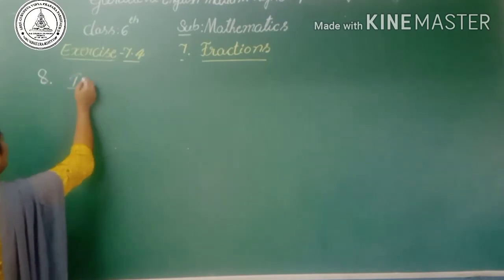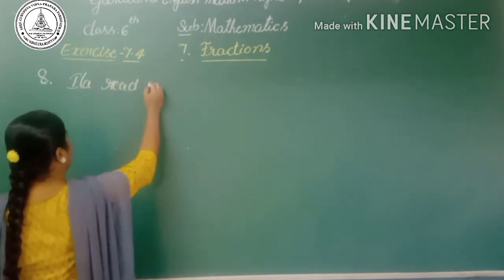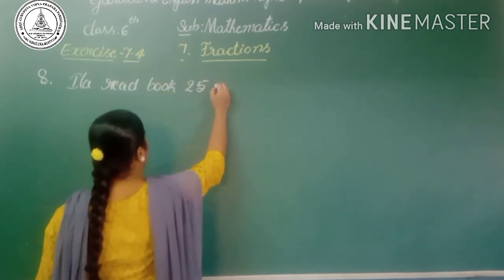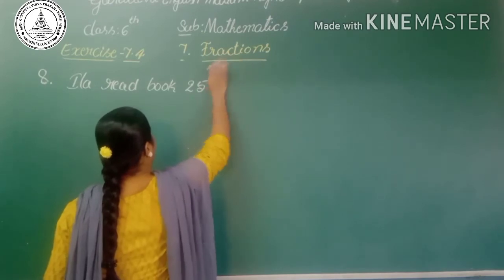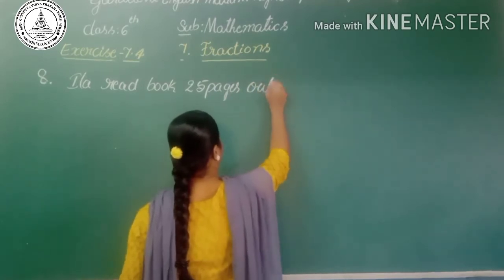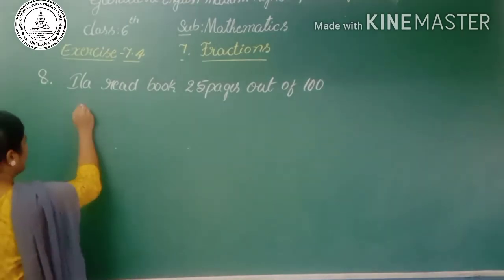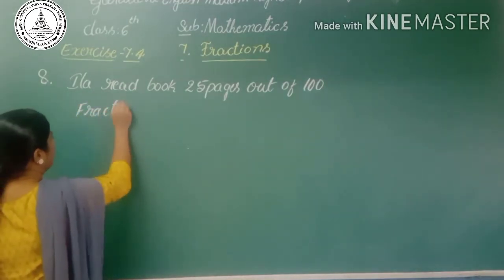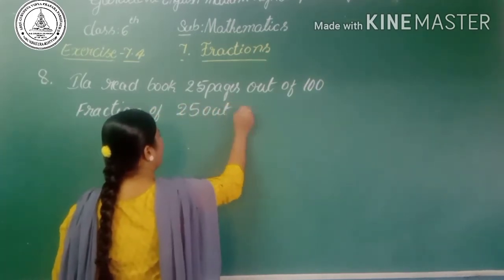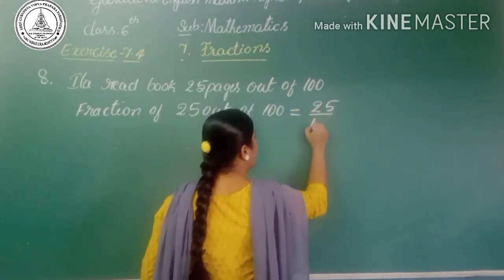So Ila read 25 pages out of 100. Fraction of the book: 25 out of 100, which is equal to 25 by 100.